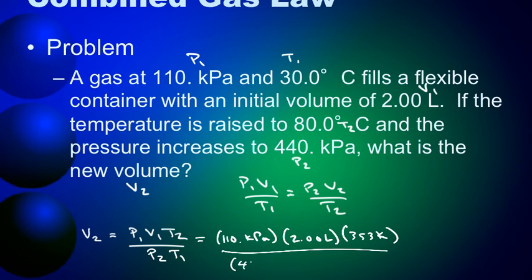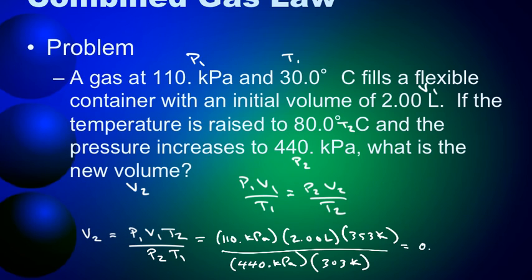P2 is 440 kPa, and T1 is 303 Kelvin. So go ahead and do the math on that. 110 times 2 times 353 divided by 440 and also divided by 303.